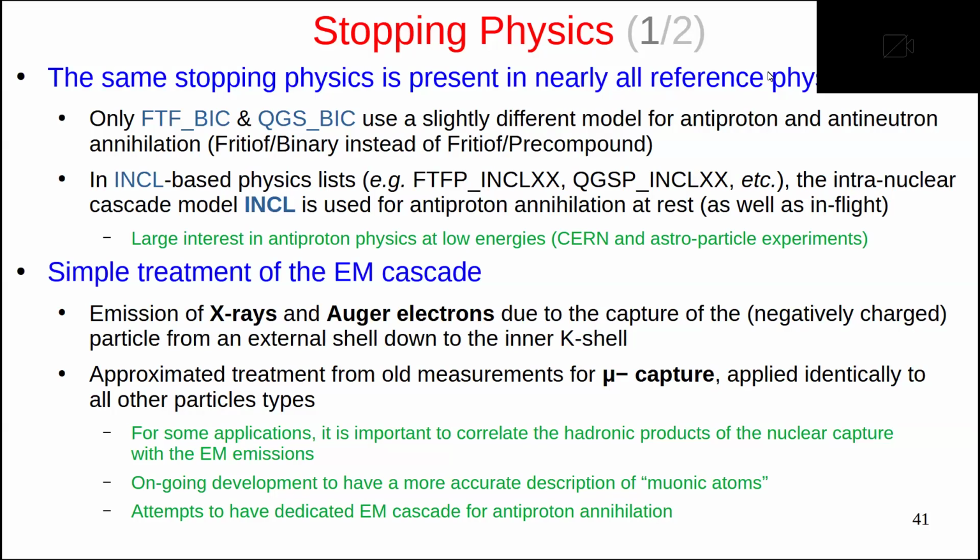Given this way of falling back in steps, they perturb and excite the atomic electron shell structure, and there will be some emission of typically X-rays and some Auger electrons following this capture. The description is quite rough, essentially following some data based on muon capture. So there is ongoing work to extend it to be more accurate in the case of antiproton capture, for instance.